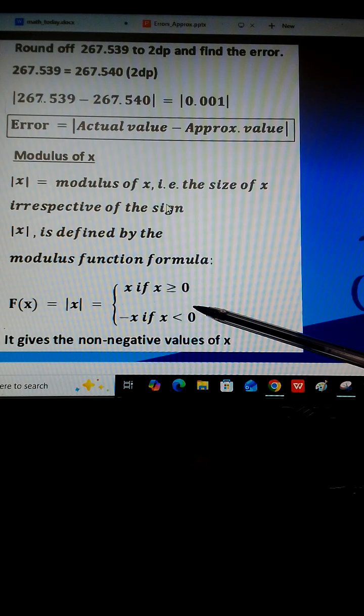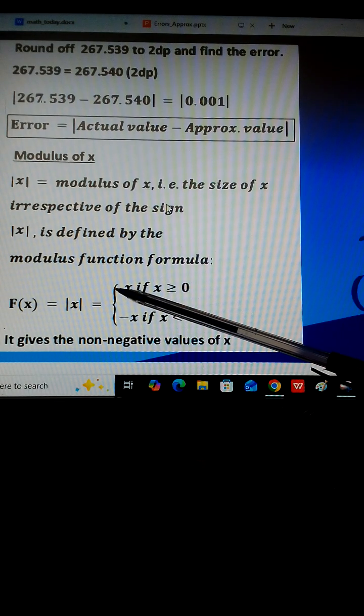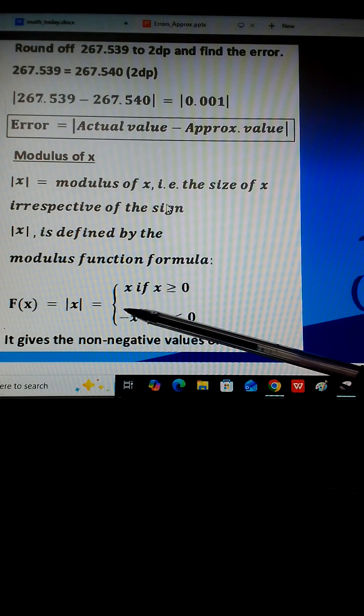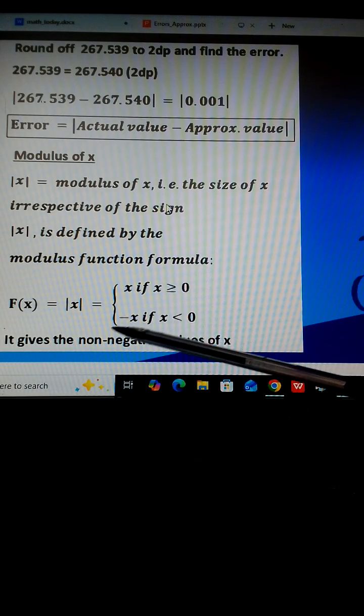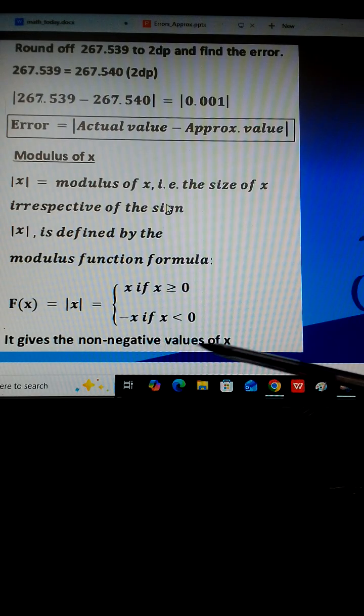So in this case, you write it that way and you disregard the sign. This formula gives the non-negative values of x, which we call the modulus of x.